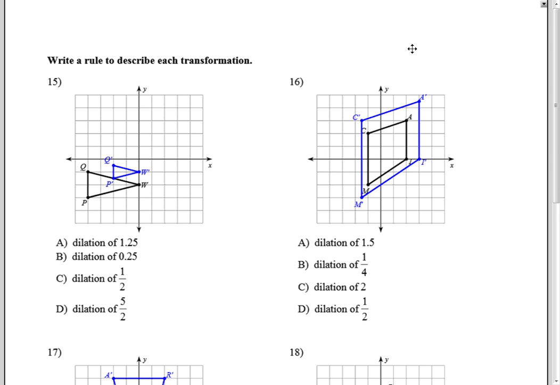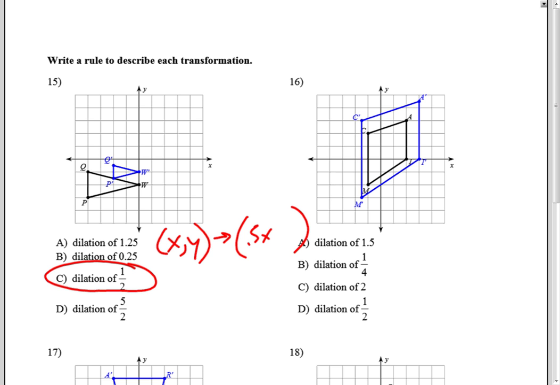Dilations. 15 was a reduction of 1/2. Think multiplication. If you were actually going to look at the formula for number 15, it would look like that. 0.5x, 0.5y.